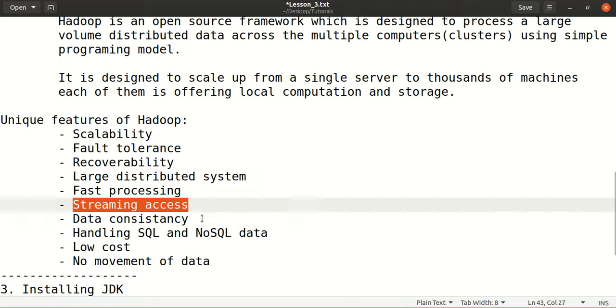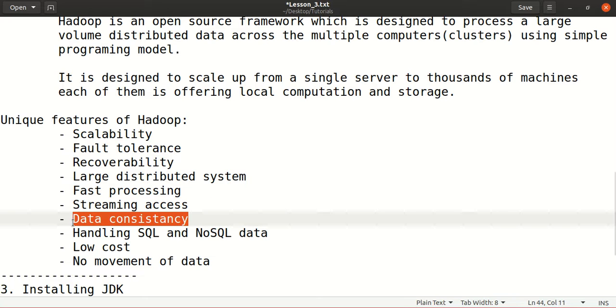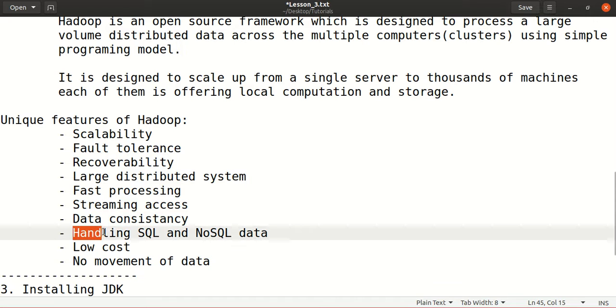Here data consistency is different, because we can have real-time data also. Accuracy is more, consistency is more there. We have streaming access, and it can handle both SQL data and NoSQL data. It means structured data, semi-structured data, unstructured data. Maybe the data is based on primitive data types, integer, float, character, or like that.